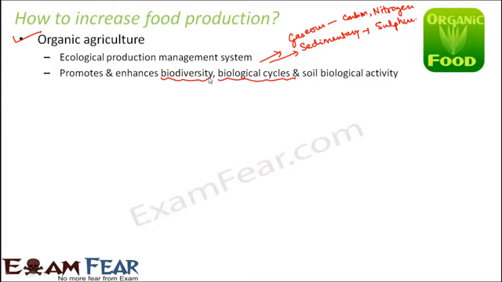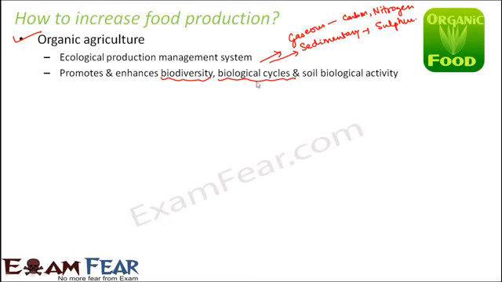At the same time, you put insecticides or pesticides to kill all other small plants which might be present in that area, because you do not want any competition to your desired plant. So that means you basically kill the variety of life. Instead, you focus on only that variety of life which you want. Whereas organic agriculture would promote and increase the variety of life forms. So biodiversity would be enhanced.